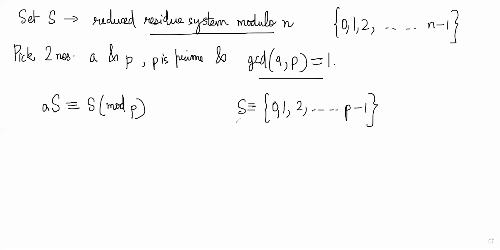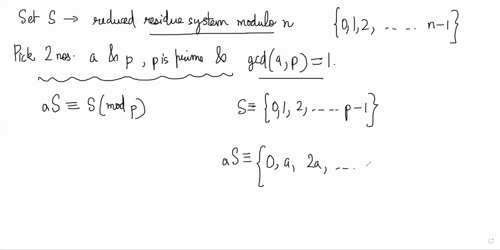What does this mean? If we construct a new set A times S, that set will be 0, A, 2A till P minus 1 into A. What we want to say is that this set is equal to S if you do mod P.